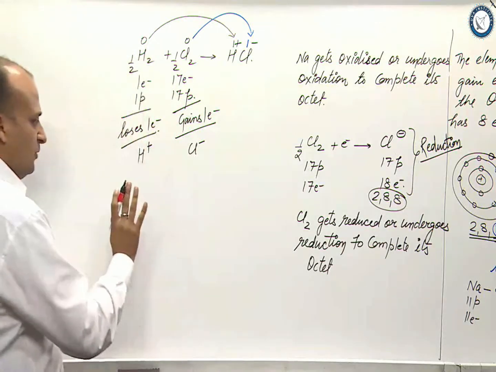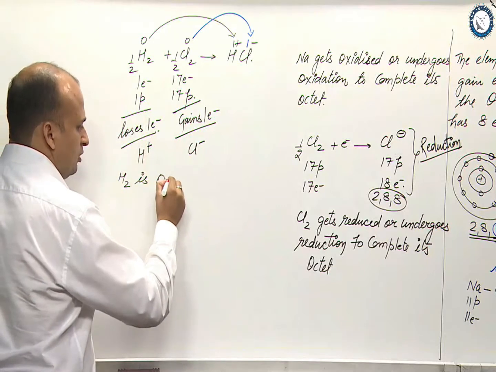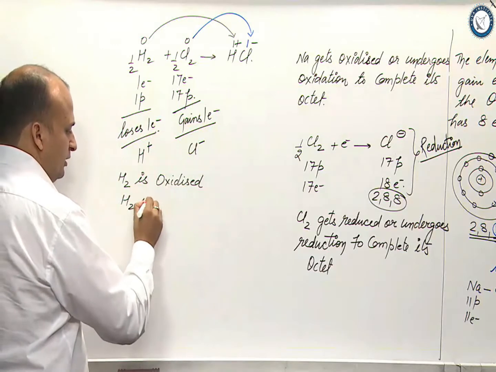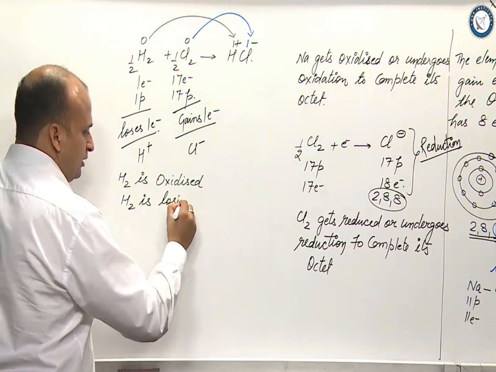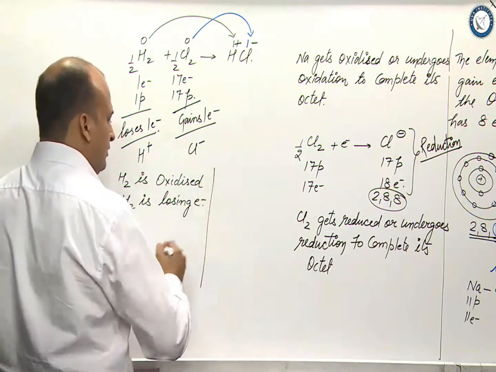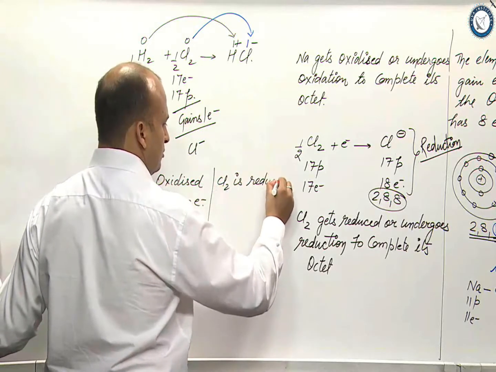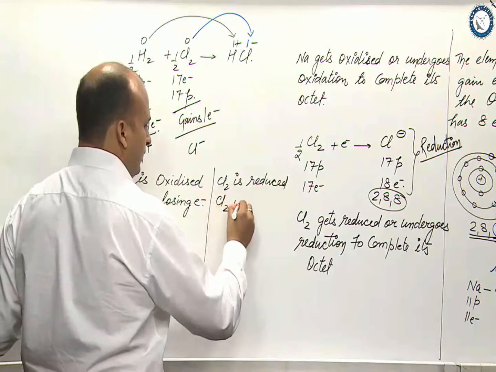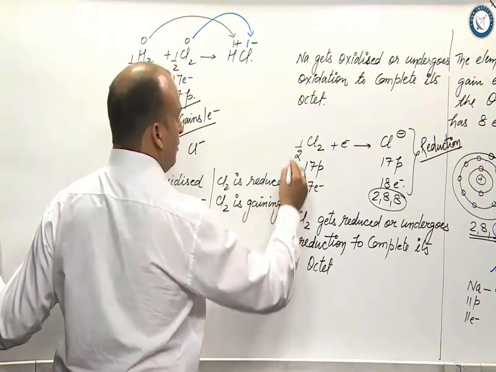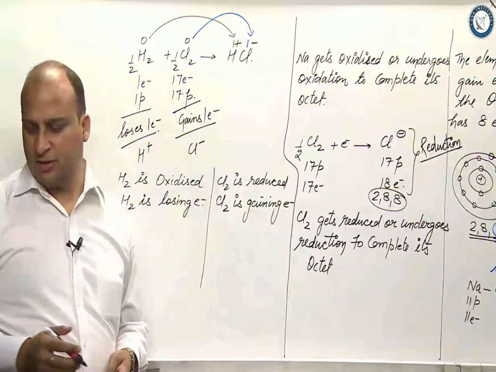So what I can say over here, see, hydrogen is oxidized, hydrogen is losing electron. I can say like this, chlorine is reduced, chlorine is gaining electron. Tell me beta, is it clear up till this point?